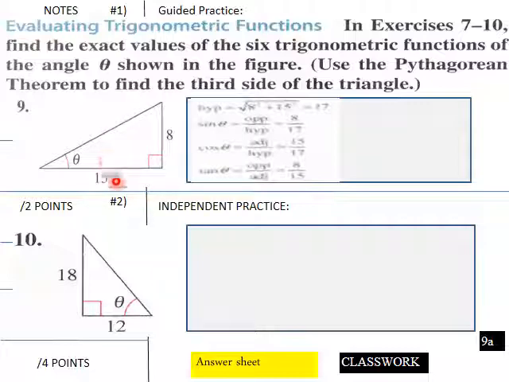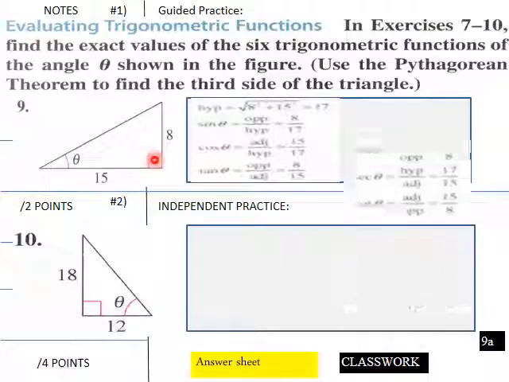In this situation, here's our sine, which is op over hyp, so it's 8 over our hyp, which is 17. Cosine would be adjacent over hyp, 15 over 17. For tan, it'd be op over adjacent, 8 over 15.